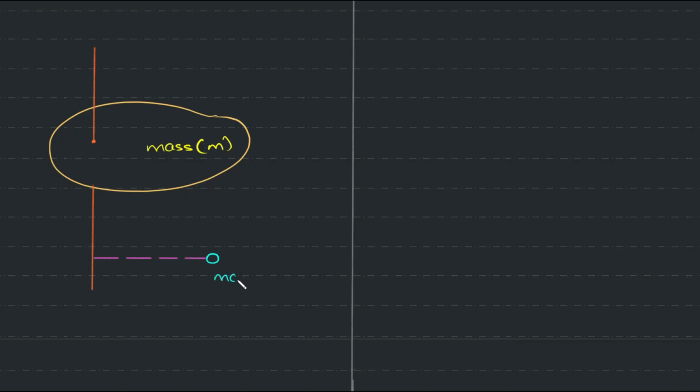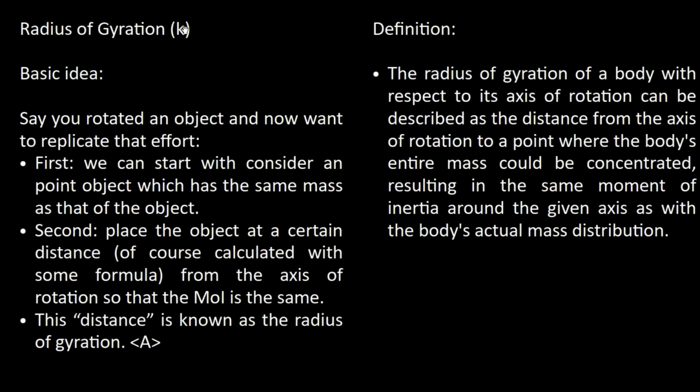But the moment of inertia, that is the resistance to the rotation, whatever this gave, this also gives the same amount. And this length from A to B is your radius of gyration. So that length AB is your radius of gyration.